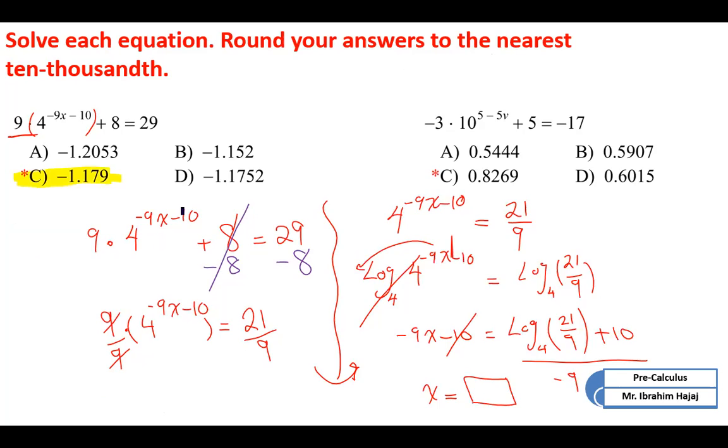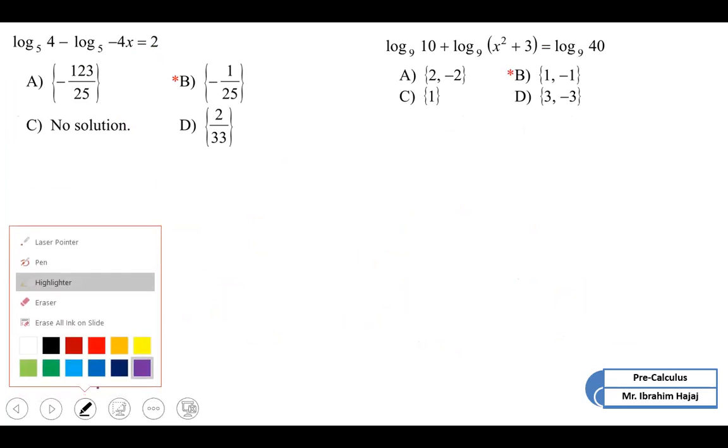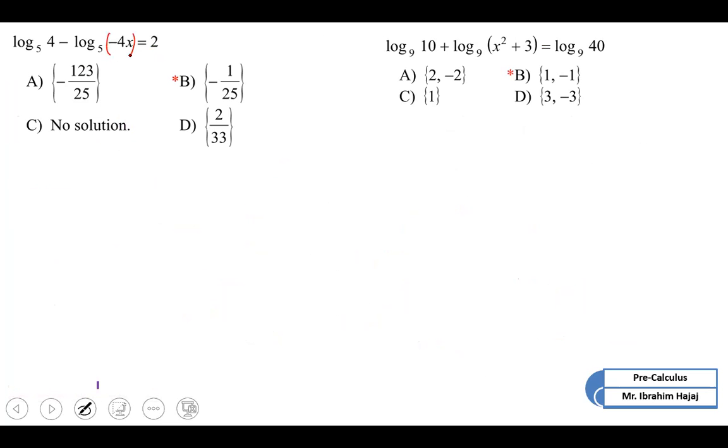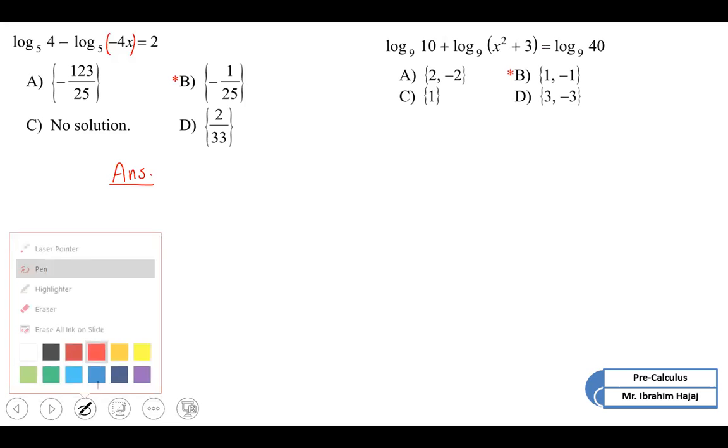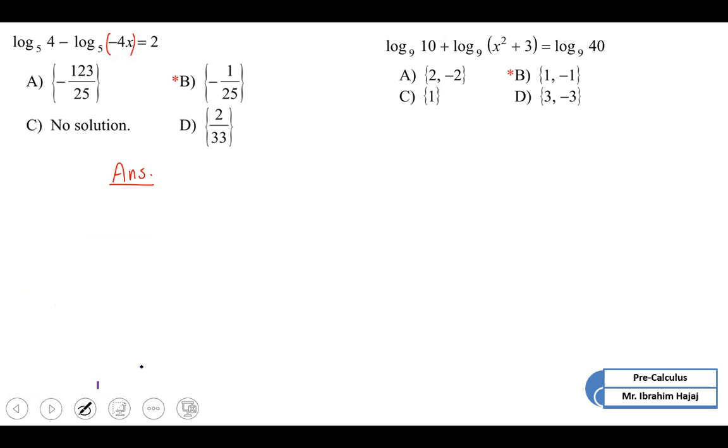Next question. How to solve the logarithmic equations? Log base 5 of 4 minus log base 5 of negative 4x equals 2.